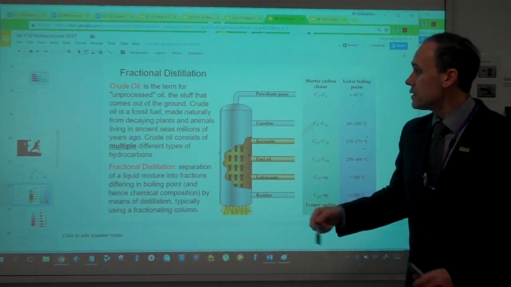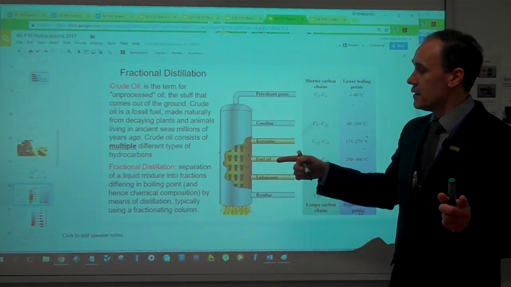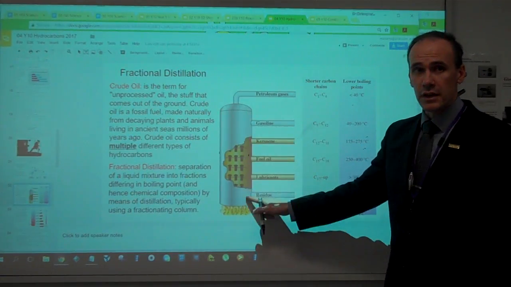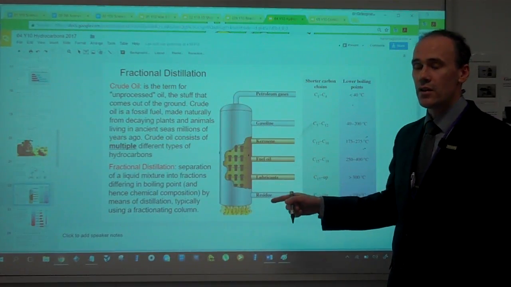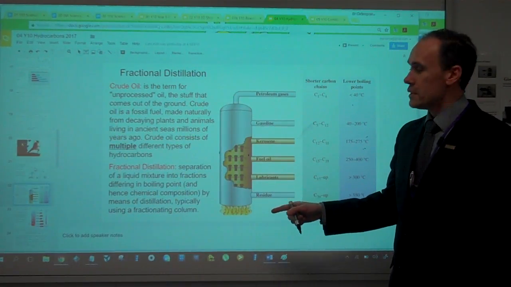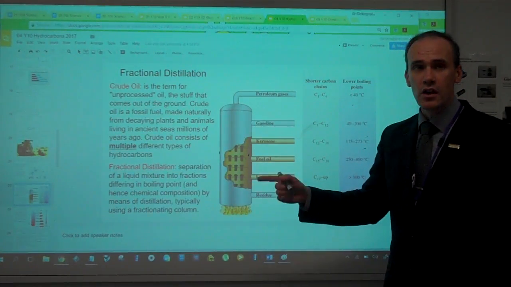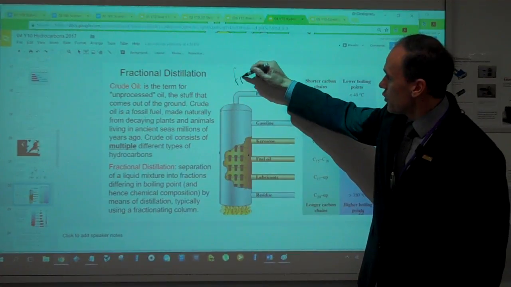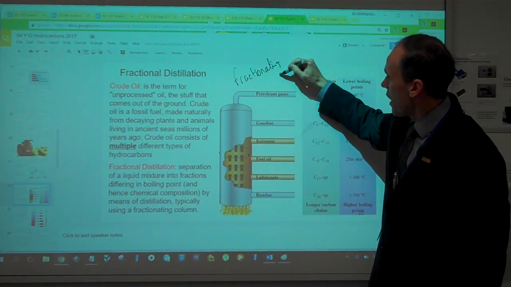And by the way, in your notes, I did not say that this is called a fractionating column. But in the test, the term fractionating column is used. So the name of that object is a fractionating column. If you want to put it in your notes, fractionating column.